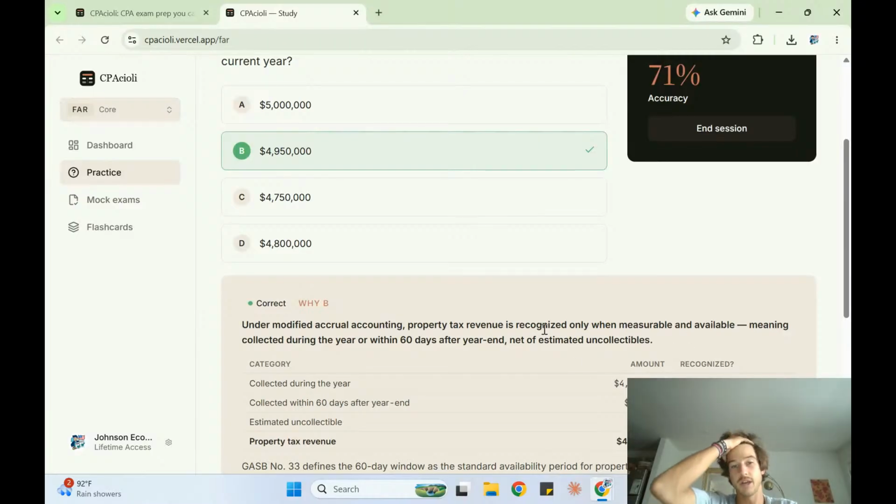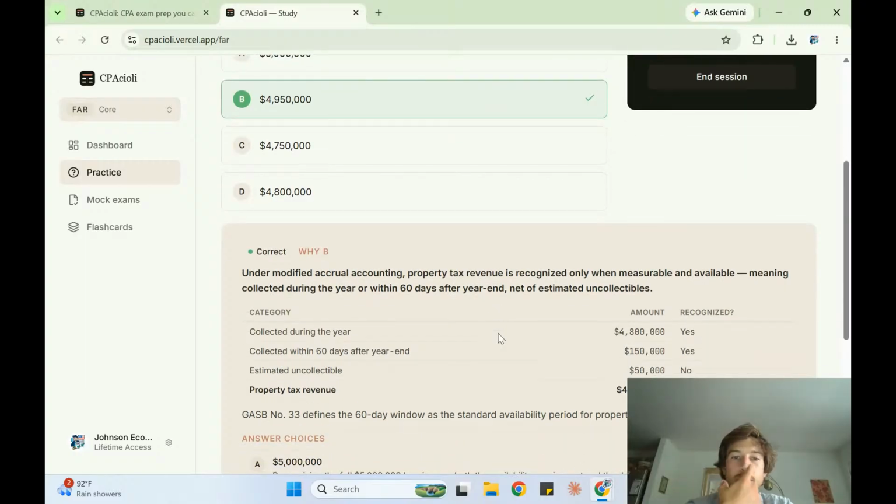Property tax revenue under the modified accrual accounting is recognized only when measurable and available, whereas normal accrual would be measured when earned. For modified accrual, it's recognized only when measurable and available, and it's net of estimated uncollectibles.